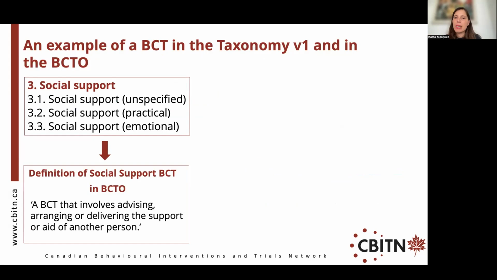So the taxonomy has been widely used, is really helpful. It provides a list of these 93 techniques, but it is a version 1 because we knew, and you know, the researchers that developed the taxonomy initially knew that there would be more knowledge to come in behavioral science, and it would have to be improved at a given point in time.